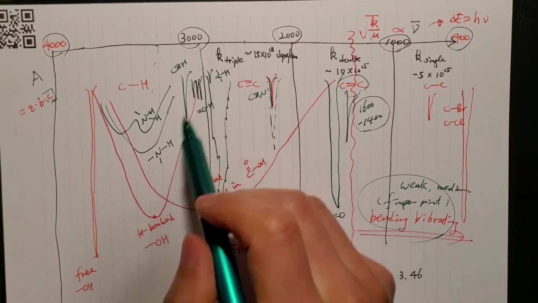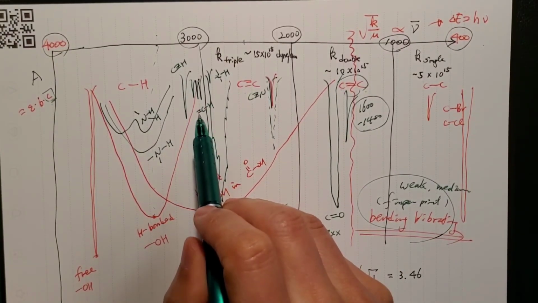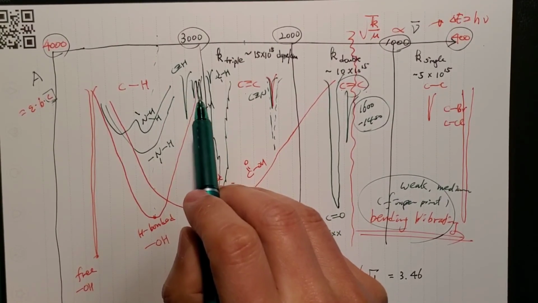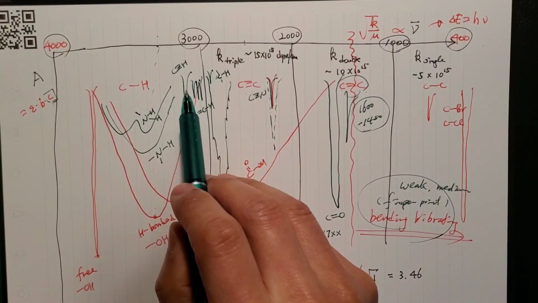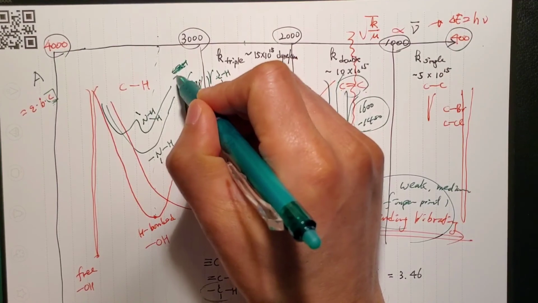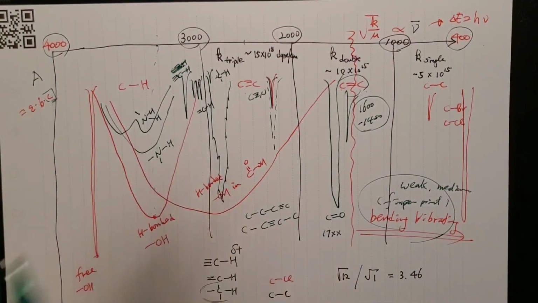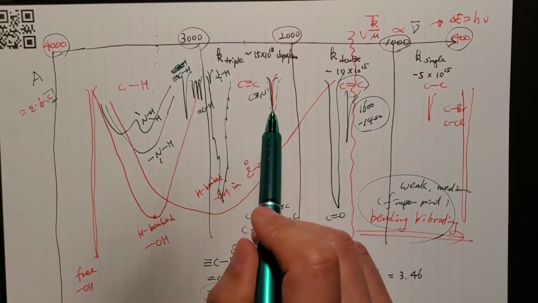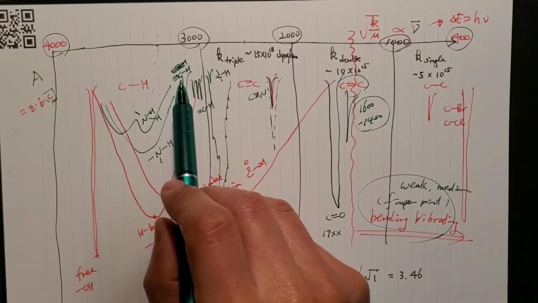But anyway, here you might say as a beginner, well, how do you know this is an sp2 CH or sp3 CH then? Well, if this was a triple-bonded carbon with a hydrogen, excuse me, I made a mistake here, then you expect this signal here, because you have an sp carbon.